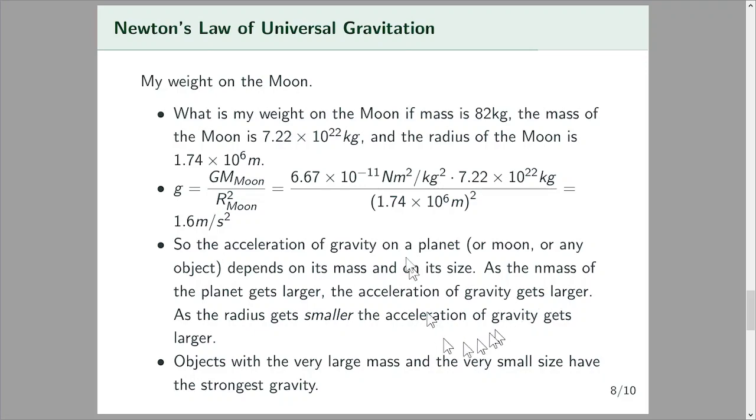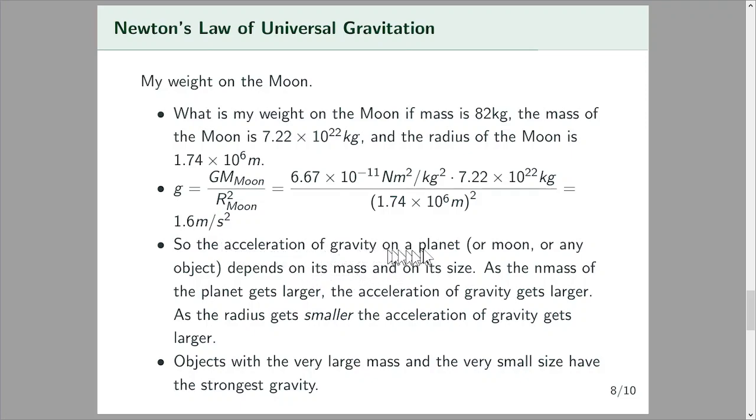And so we can evaluate it on the moon. Instead of having the radius of the Earth numbers in here, you plug in the mass of the moon and the radius of the moon, which are given in this equation. And you get the acceleration of gravity on the moon is 1.6 meters per second squared. It's about 1/6 of what it is on the Earth, which means on the moon I would have mad ups. I would be a good jumper on the moon.